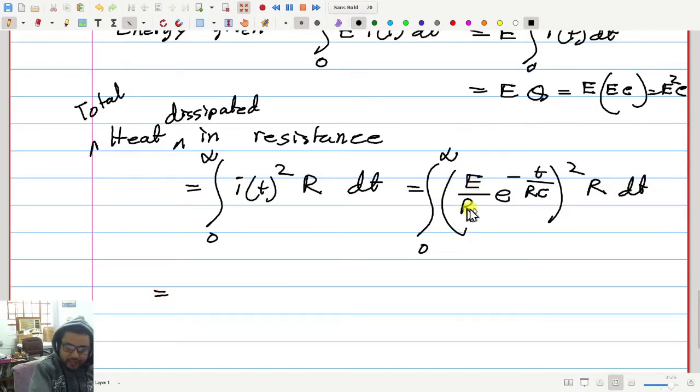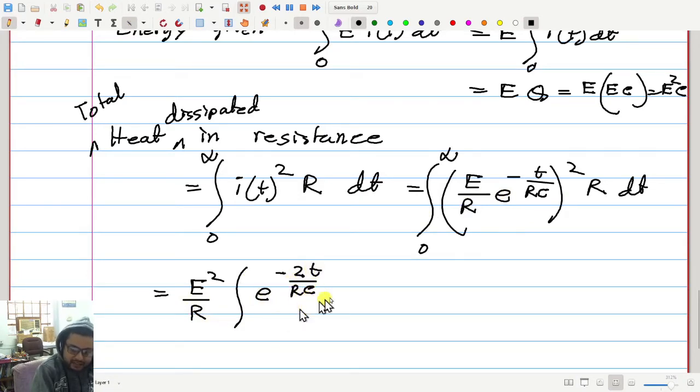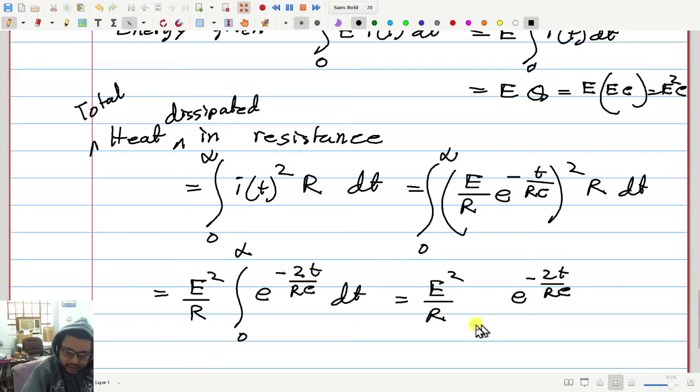So E squared by R squared and 1 R, so that will be E squared by R outside the integration, and this is e to the power minus 2t by RC dt from 0 to infinity. If you integrate, you will get e to the power minus 2t by RC whole divided by minus 2 by RC, with the limit from 0 to infinity.